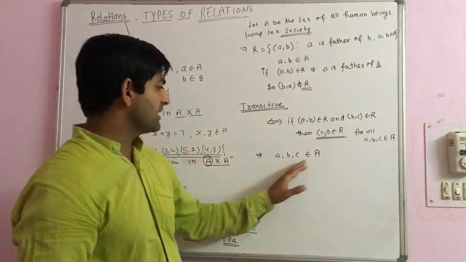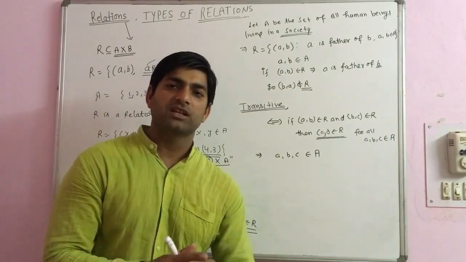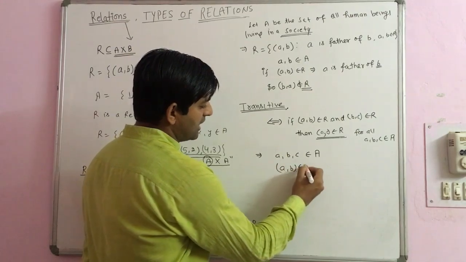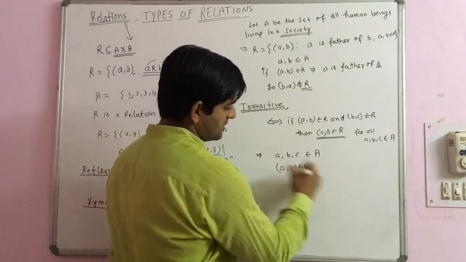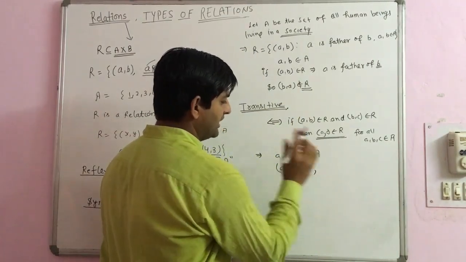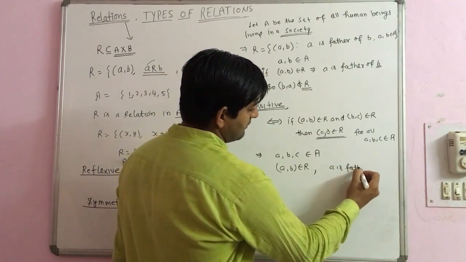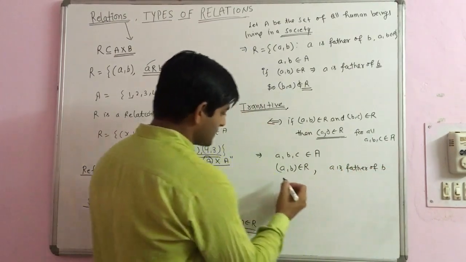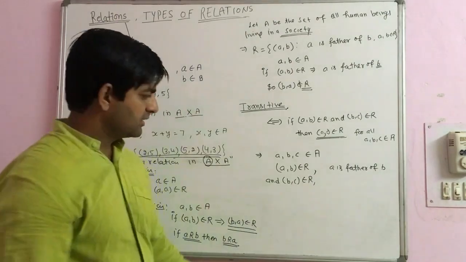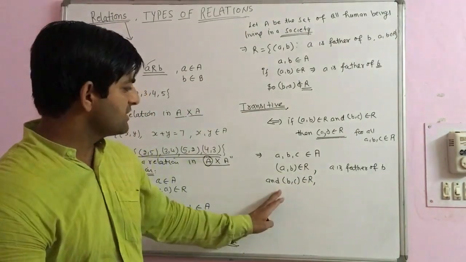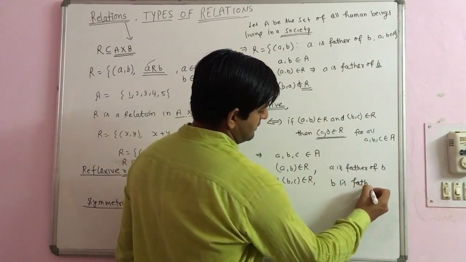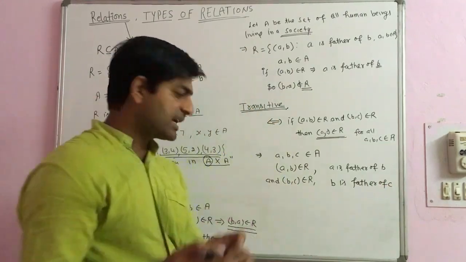We assume that AB belongs to R. It means, in statement form, A is father of B. And BC is in R, which in statement form means B is father of C.